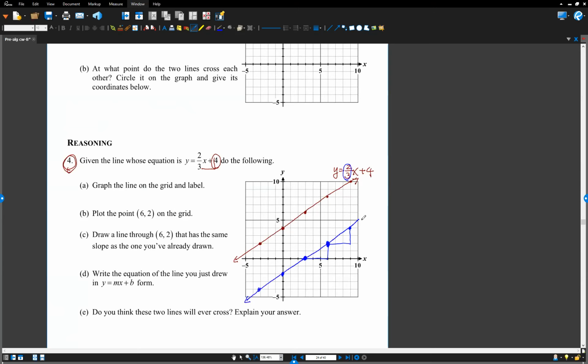Because they have the same slope, they are parallel. Watch the equation. The slope is the same as before, 2/3. The equation is 2/3x, and the y-intercept is -2. That's the equation of this line M.